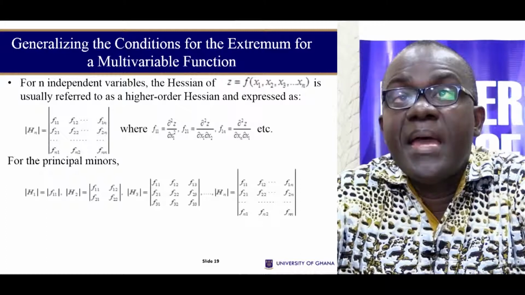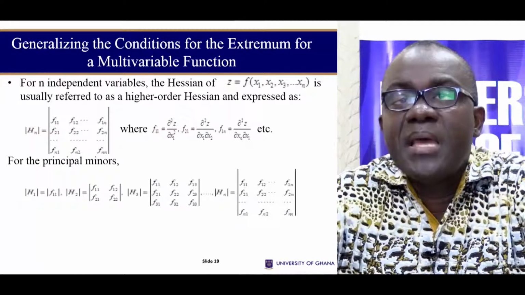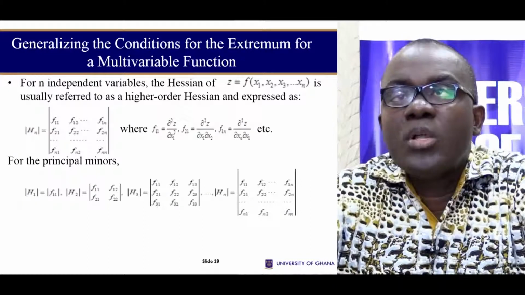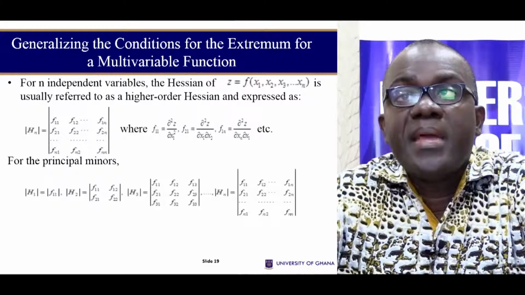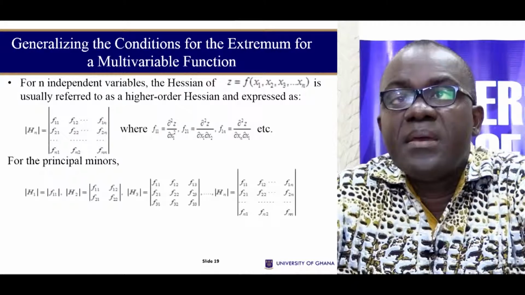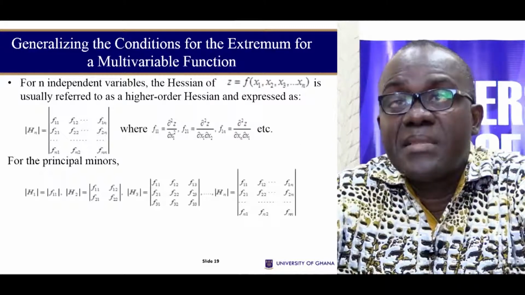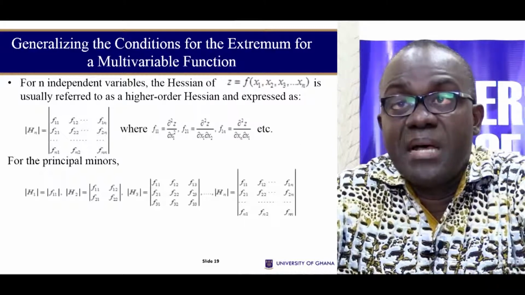Now, out of this n-dimensional Hessian determinant, I can form what we call the principal minors. So if I take this one, this becomes the first principal minor, all right? And then if I take this one, assuming F13 were to be here, I get the second principal minor, and then it goes on until I have the last, the Hessian itself.